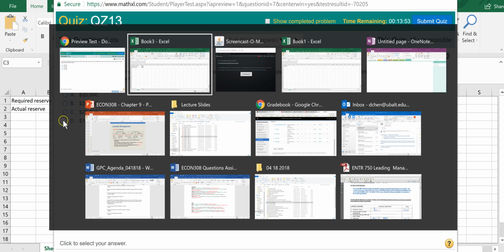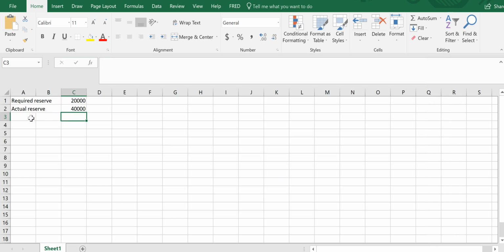And then the question is, what is the maximum deposit outflow it can sustain without altering its balance sheet? To understand what's going on, let's use a typical balance sheet. On the left-hand side of the balance sheet, we have the assets. The assets include the reserves, which is 40,000.